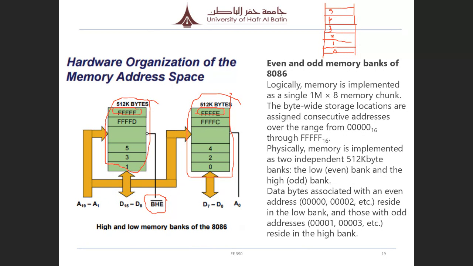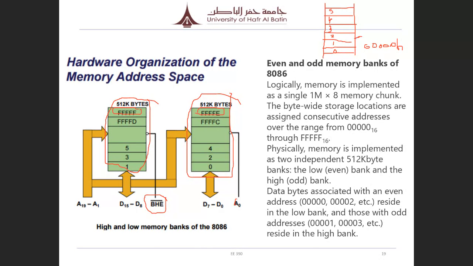So all the odd address memory locations are in one block, and the even address memory locations are in another block. And you know that for an even location A0 is always 0. You can see 00000H in hexadecimal, so the LSB is 0 here.